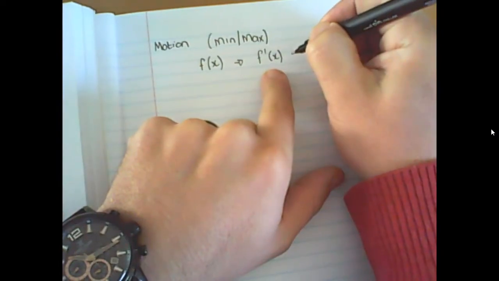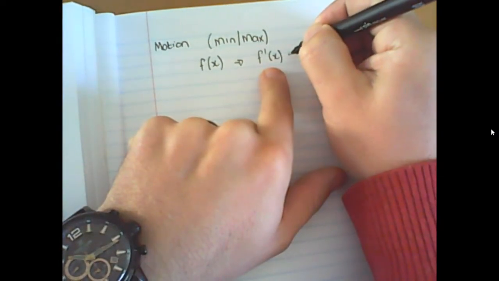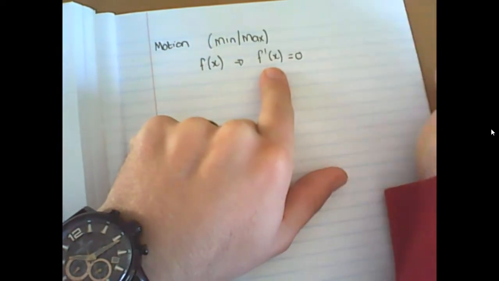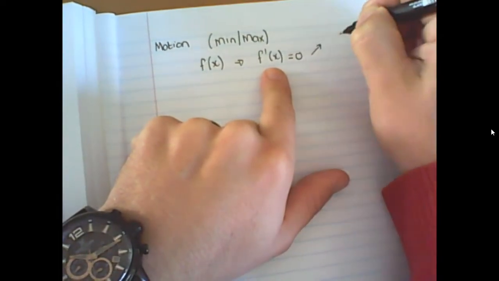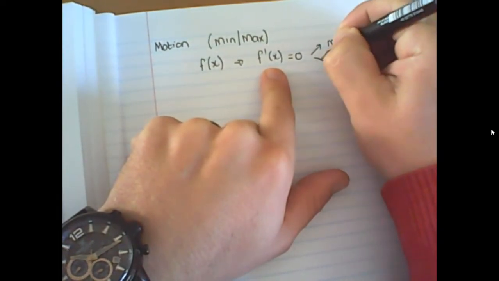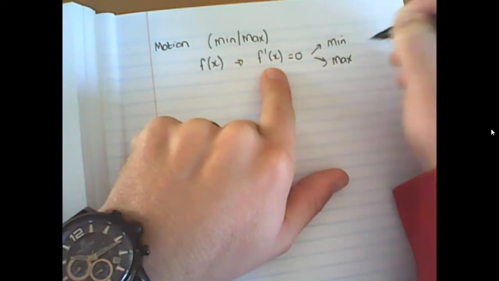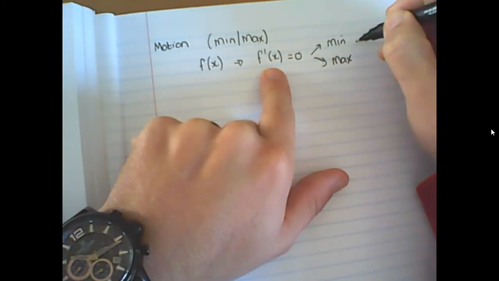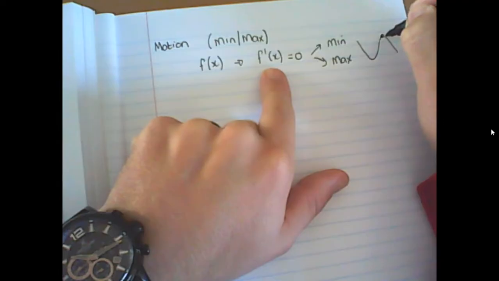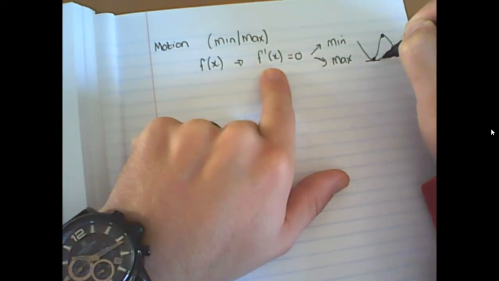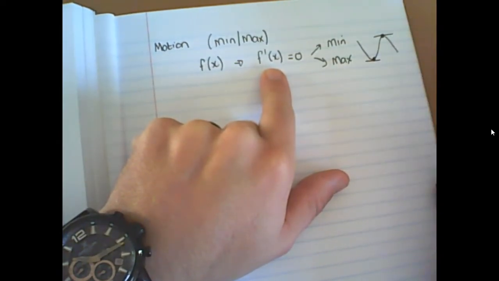We substitute the first derivative equal to 0, and this allows us to find a minimum and a maximum point. So on the graph, it was used to find the x values of the stationary points.